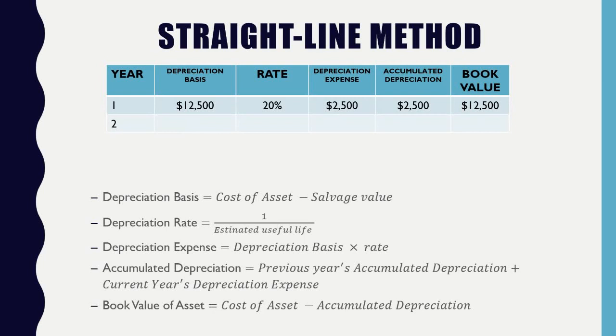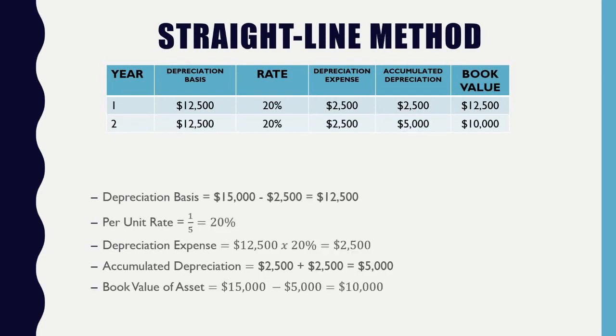Let's solve for the depreciation basis again. Cost of the asset minus salvage value, which is 15,000 minus 2,500, gives you 12,500. Estimated useful life is still 1 over 5, which gives you 0.2 or 20%. The basis times the rate, 12,500 times 20%, is still going to get you the same exact number all the way through.